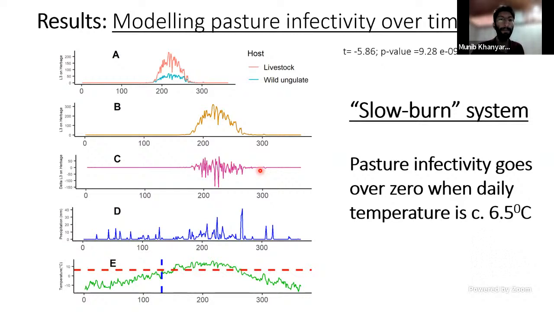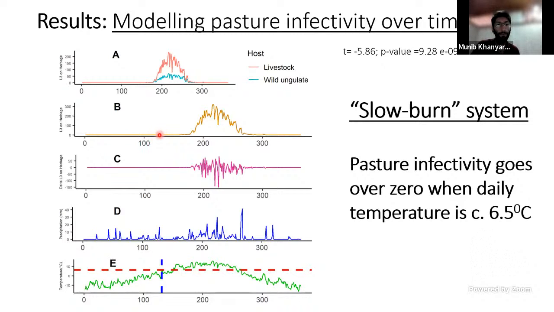And interestingly, to explain why the system is happening the way it is, I think graphs D and E explain a lot. D is the daily precipitation data in millimeters, and E is the temperature data in degrees Celsius. If you look at the temperature, it's around day 130, 140, when the temperature increases above 6.5 that you start getting very minimal activity in the L3s.